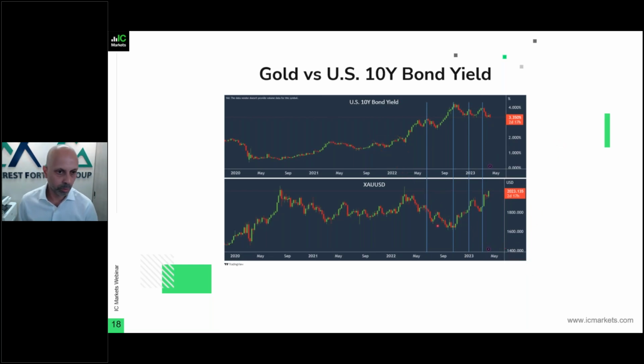Okay, now how do we combine the value of the dollar and the yield at which the government bond yields, especially the 10-year bond yield, is quoting us? So a very good way to give us an indication of the direction for the price of gold is using real yields.